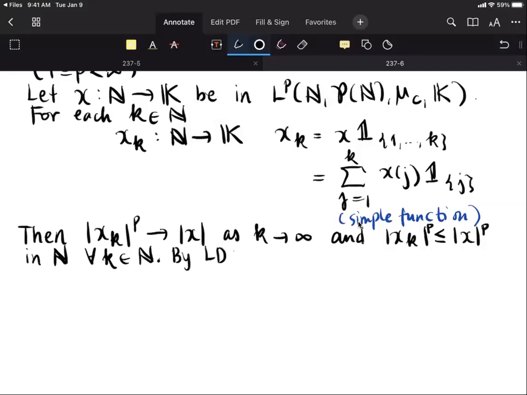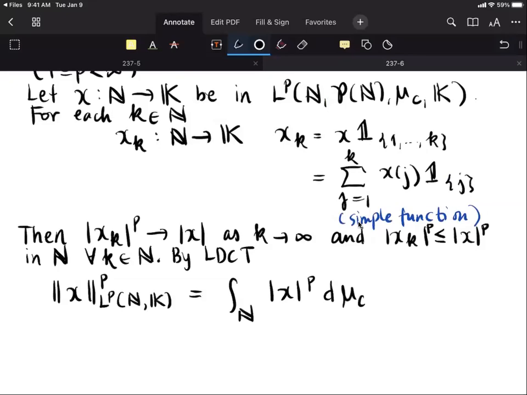Applying the Lebesgue dominated convergence theorem, starting, let's say, from the LP norm of this sequence x raised to the power p. By definition, this is the Lebesgue integral over n of the absolute value of x raised to p with respect to the counting measure.